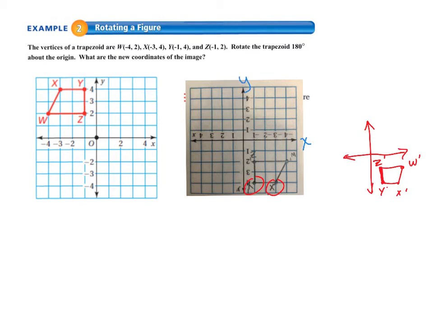So if this really were the top of the graph, for example, point Z prime will be at 1, -2. And W prime would be at 4, -2. And so you can do this and get all the points, not just the sketch, but the points, and then use that to plot the new image.